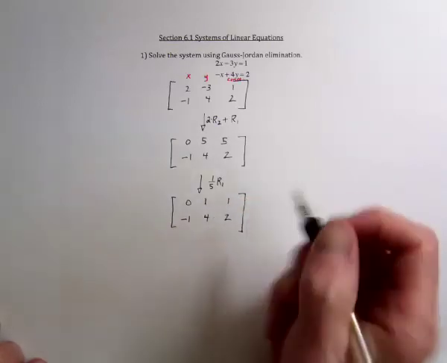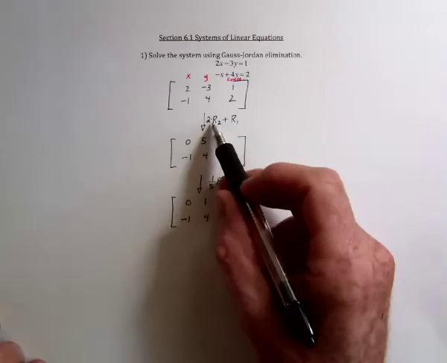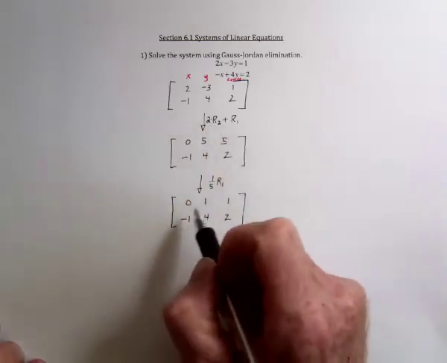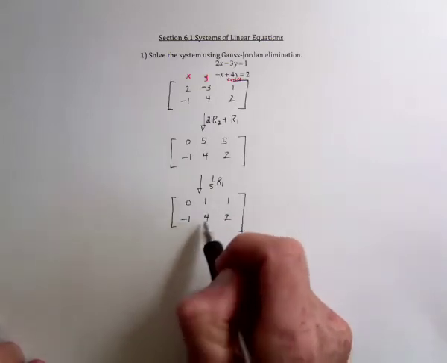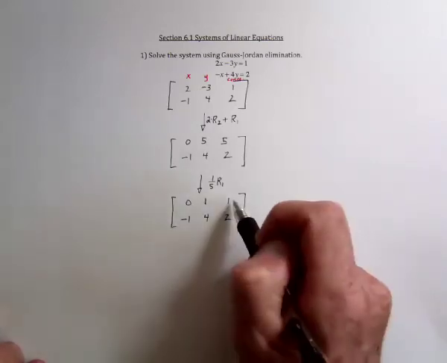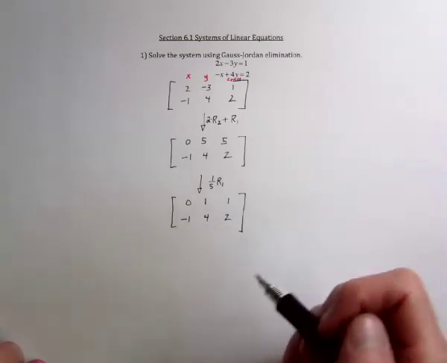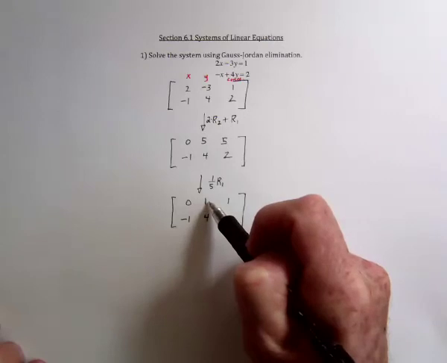So the overall idea is use multiplication, or a combination of multiplication and addition, to get as many zeros and ones in here as possible. And when you get this to be just zeros and ones, then the solution is going to be sitting right over here.